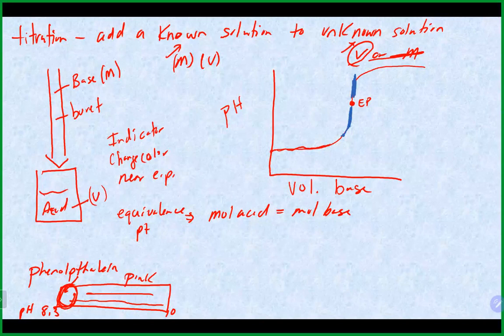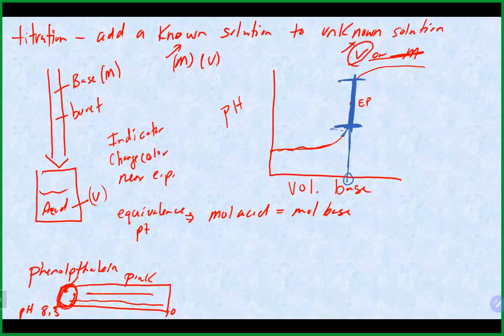The problem is as you approach the equivalence point, this line is pretty vertical, which means, does it take a lot of volume to change the pH? It does not. So you could be about here, or you could be about here, and in terms of volume it's pretty much the same spot, like 1 drop, 2 drops.